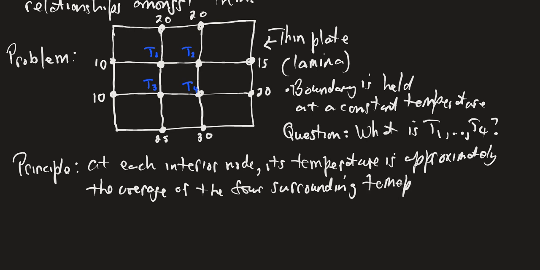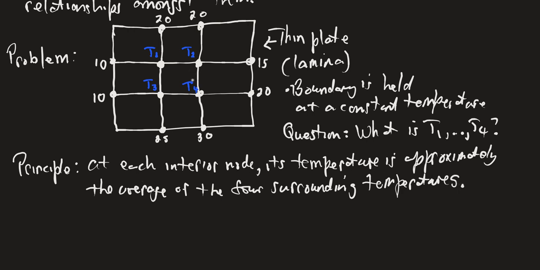Right? So if we have one of these interior nodes and we are willing to settle for an approximation of the temperature, we can use this principle where it says it's the average of the 4 surrounding temperatures, right?